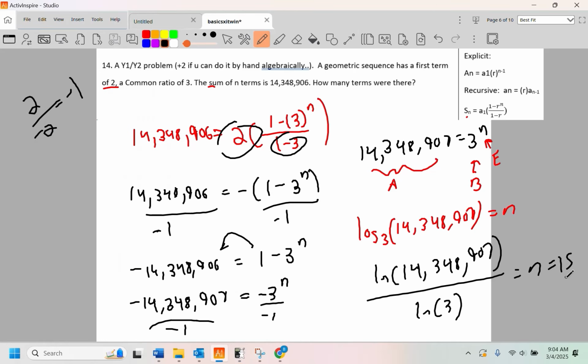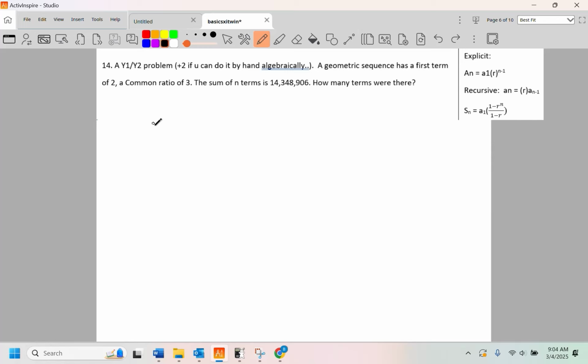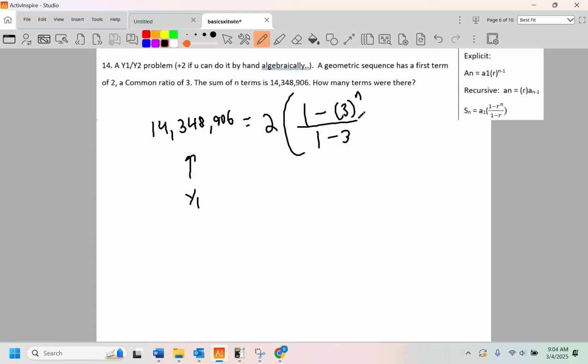So that's how you do it by hand. It's a lot of work. It is. If you want to do the y1, y2 approach, you're going to have an equation that looks like this. It's going to start off just the same as I started. And don't do any math.